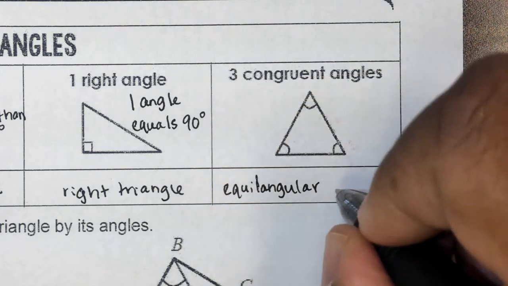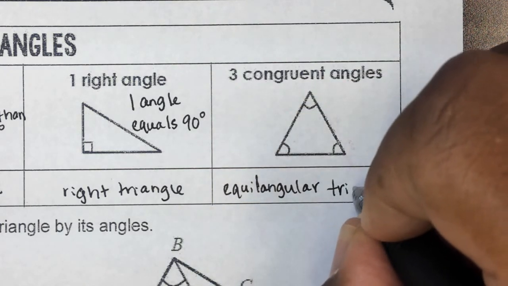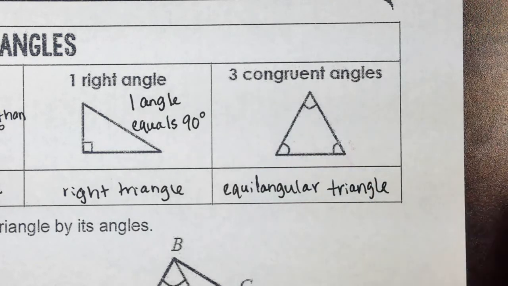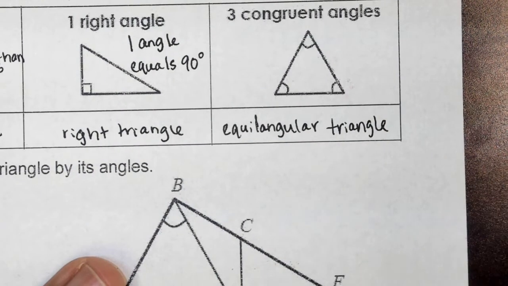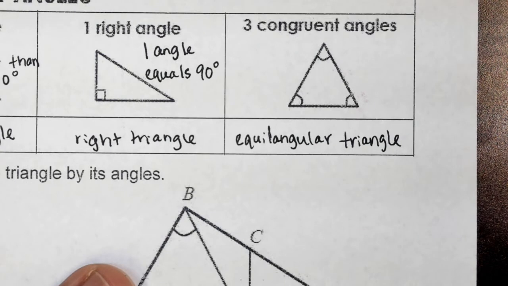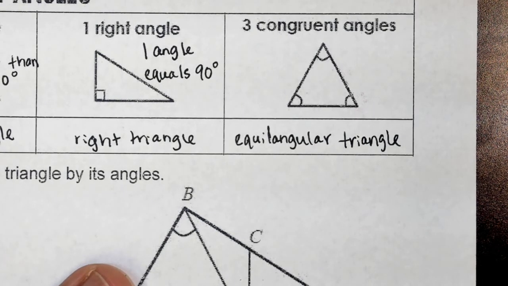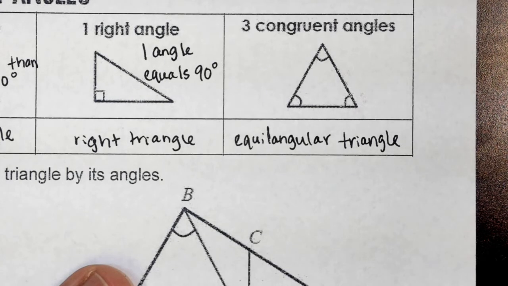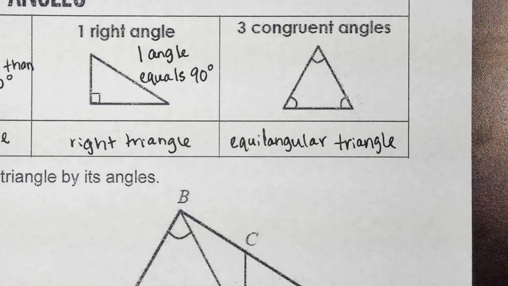Equal angular. All one word. Alright, so those are the four ways we can classify triangles by their angles.